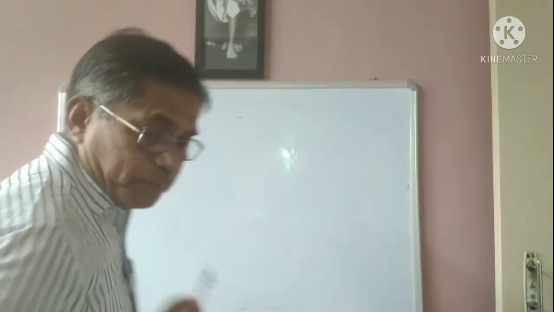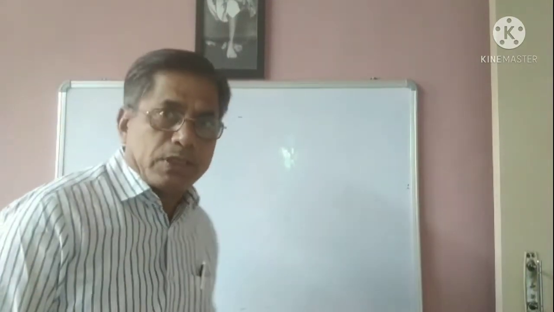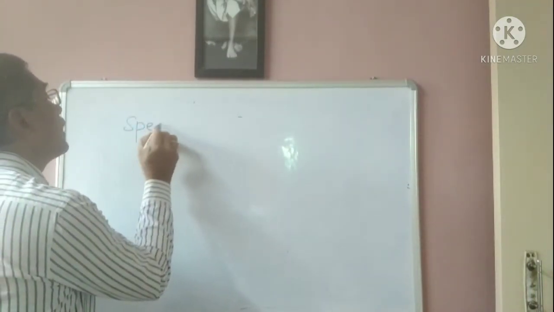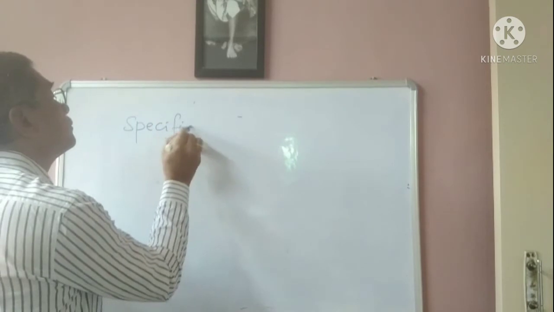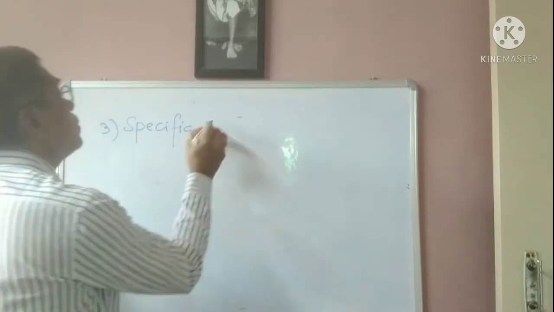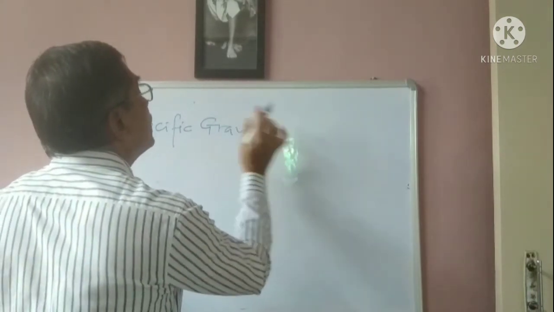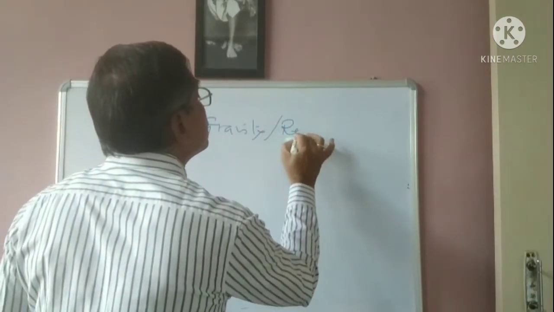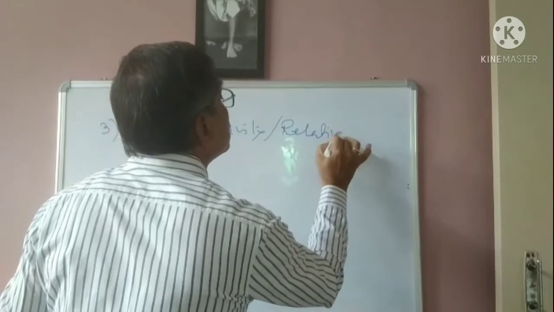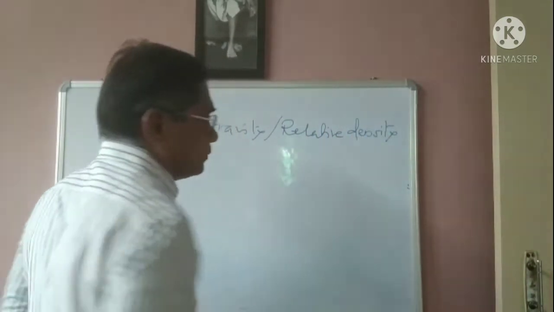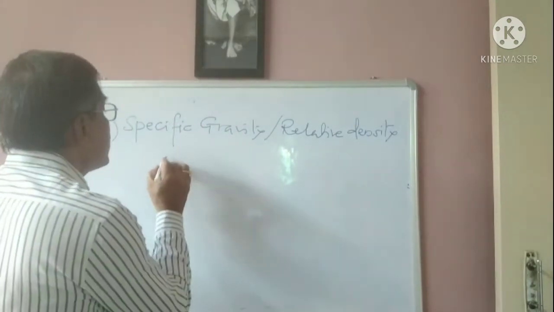Okay, now the third property is the specific gravity. Specific gravity is also called relative density. It is denoted as SL.